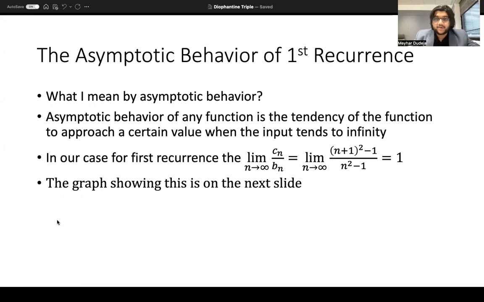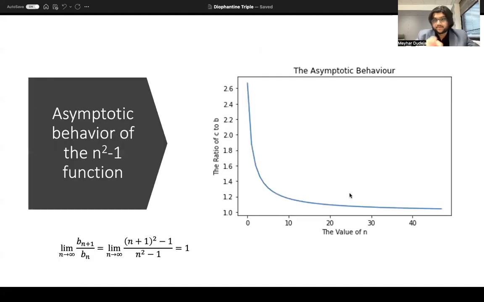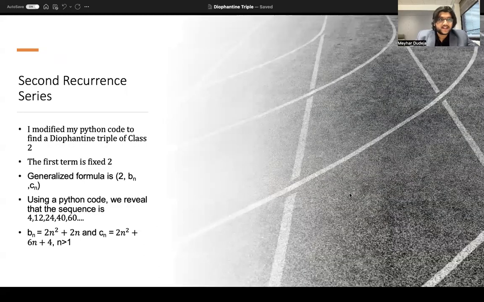Putting that at infinity, we get that the ratio tends to 1. So at a certain point, those two numbers are kind of equal at infinity. That's how the graph of this asymptotic behavior looks.